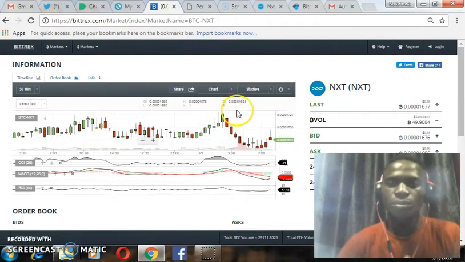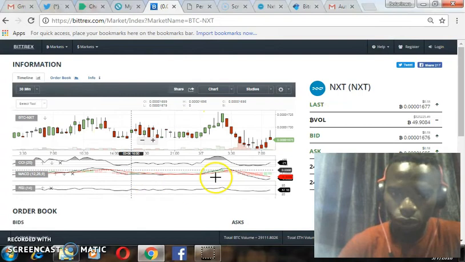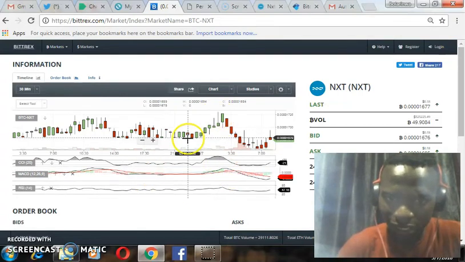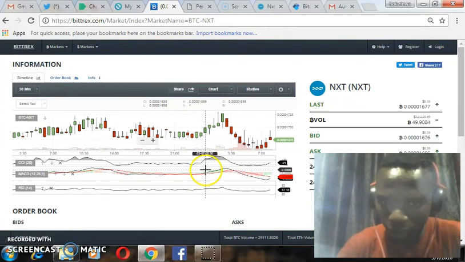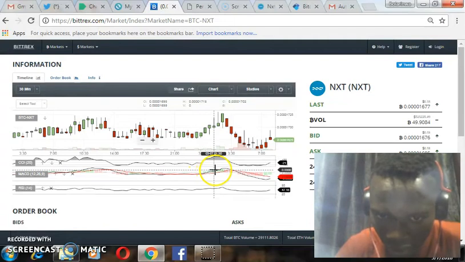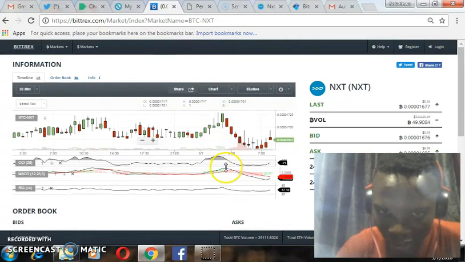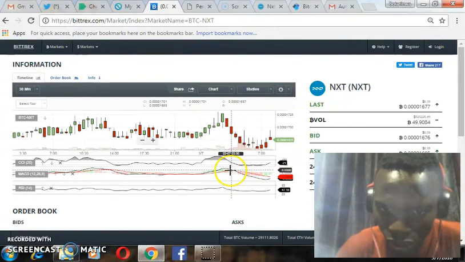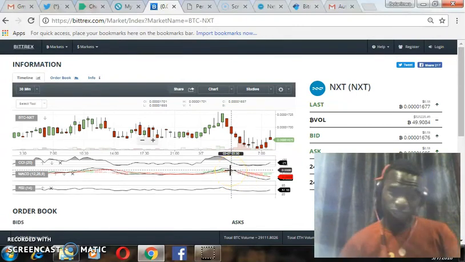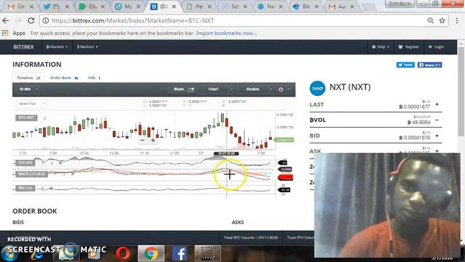Just like here also, the buyers were taking charge. This is the interpretation on the MACD, and the price went as high as this. But when the lines cross over here, an opposite direction happened immediately.